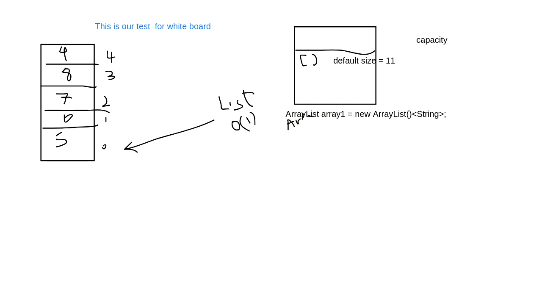It's going to compare the capacity and the size, and size is the number of elements that you actually store in that array. Whenever the capacity and size get close to each other, what does that mean? If I have a capacity of 11 and I have 10 elements in it, I'm getting very close to becoming completely full. I don't have any more space anymore. That's exactly what's happening in the background.